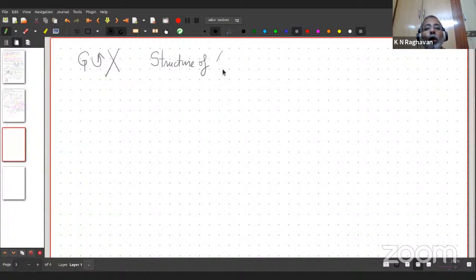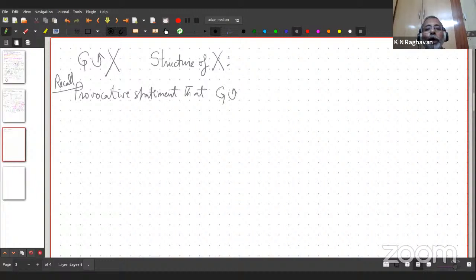So recall that I made the provocative statement that G acting on the coset space G mod H, where H is a subgroup, is the most important action.